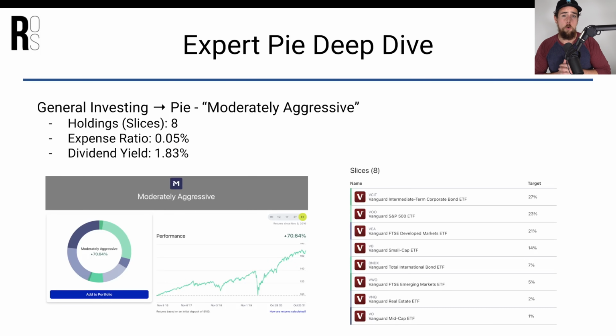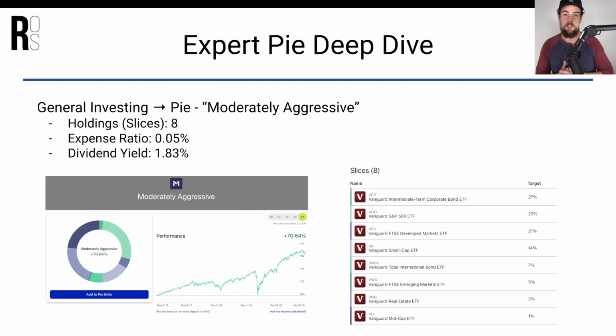So let's do a quick overview here looking at one of these M1 Finance Expert pies just so we can see what index funds actually go inside of it. So we're looking at general investing and then the moderately aggressive pie. And what we can see here is that it holds 8 different slices, all of which are Vanguard index funds. And the expense ratio in total across all of this comes in at just 0.05%.